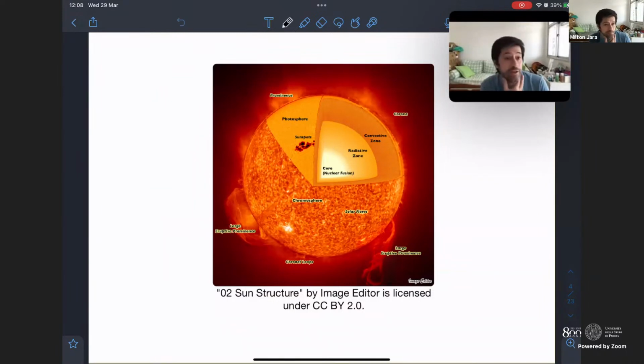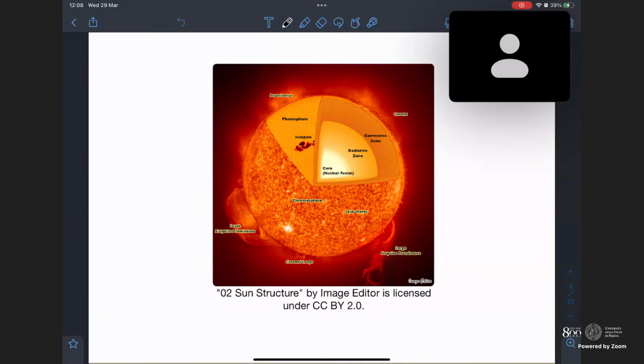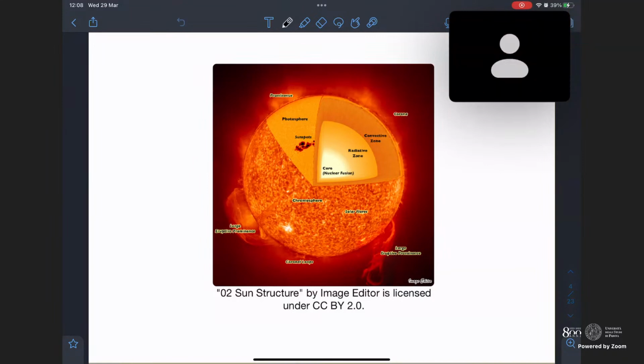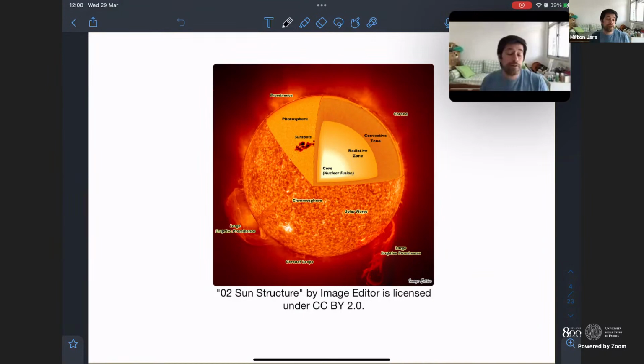This is the sun. One of the striking reasons why life is possible on Earth is because the stars are very stable in time. The amount of radiation that Earth receives from the sun is strikingly stable in time.